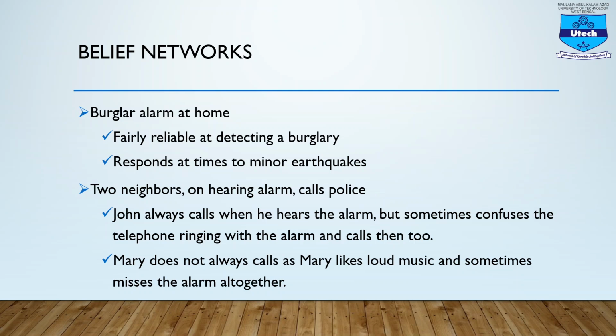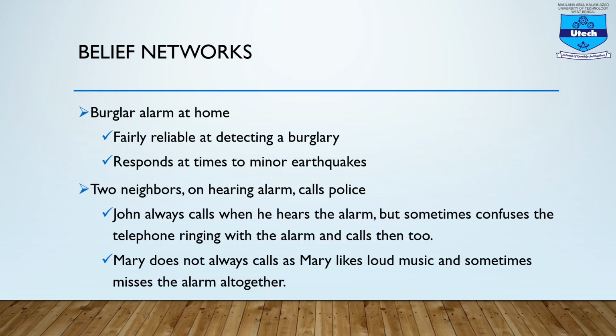Now the Bayes network. For this Bayes network, let us consider this particular problem that has been given to you. That is the burglar alarm problem. If there is a burglary, the alarm should be switched on.